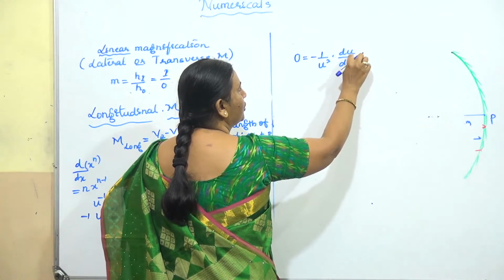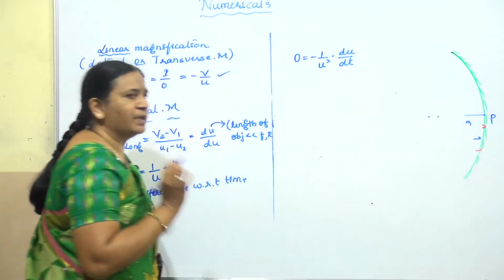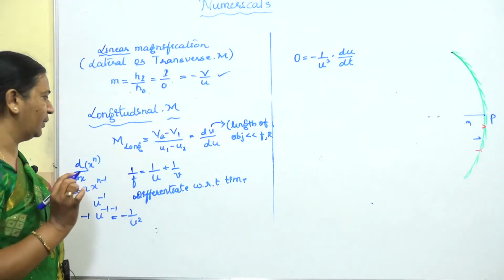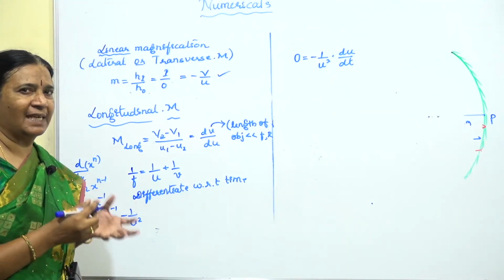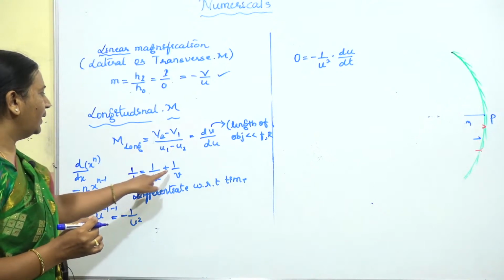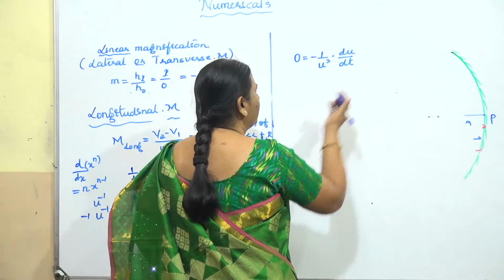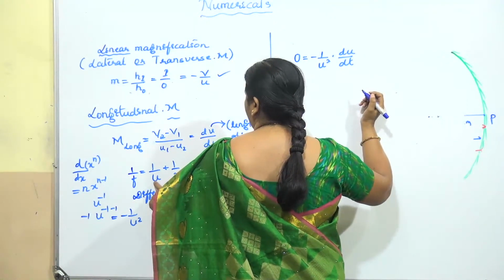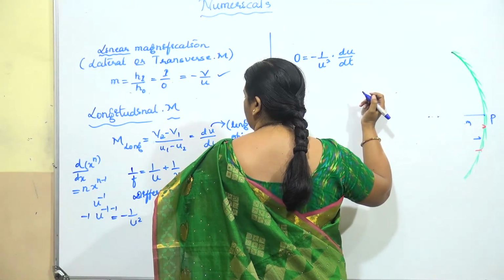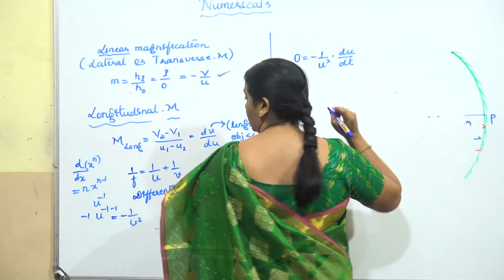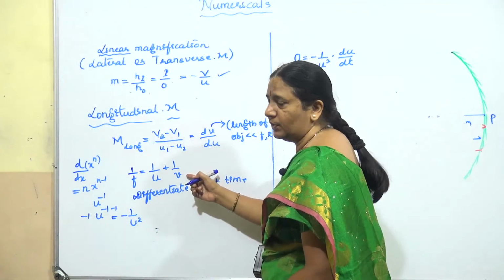U is the position of the object, children. Don't forget. If you want for your comfort, use x, y, something like that. Whereas v also becomes the same thing, because if the object position changes with respect to time, the image position has to change with respect to time.